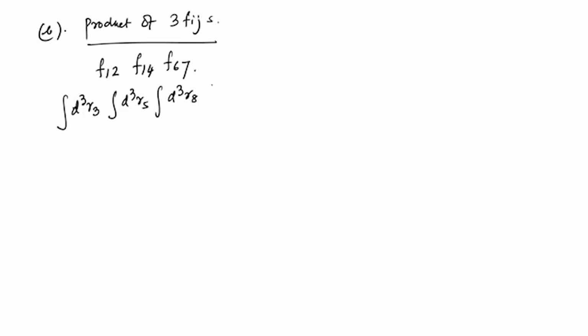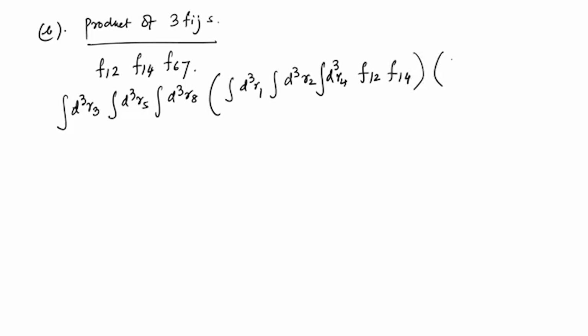Now we have d³r₁, d³r₂, and f₁₂. This cannot be factorized unless you do the integral, and because 1 is there with 4 as well, d³r₄, and we have f₁₂, f₁₄, and we have a 2 particle cluster, d³r₆, d³r₇, and f₆₇ and so on.